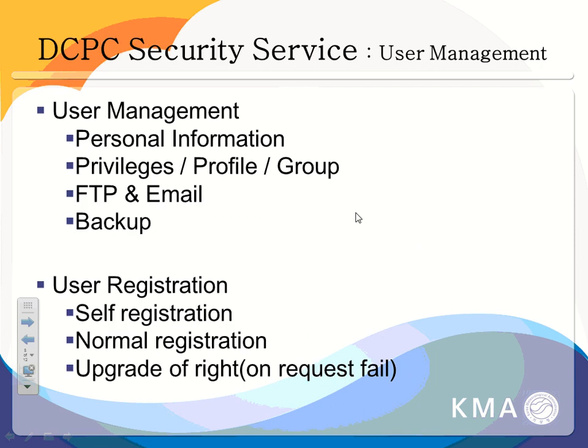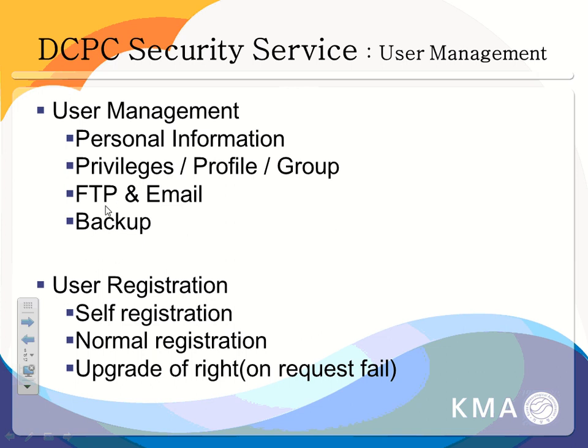Let me explain the management. User management means managing personal information, privileges, profiles and groups. Privilege is concerned with authorization, what privilege I have. Also, the user can define the FTP IP address and email address.